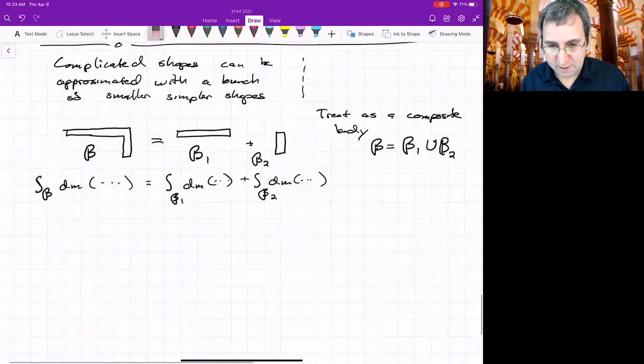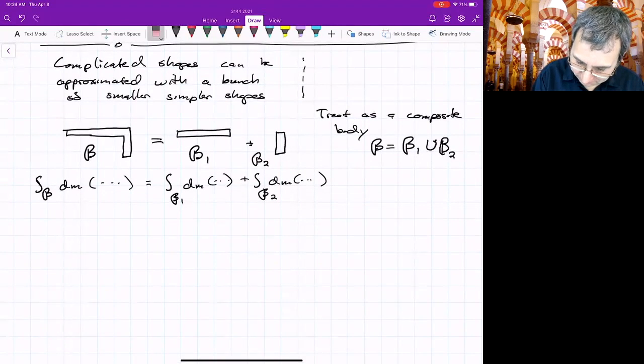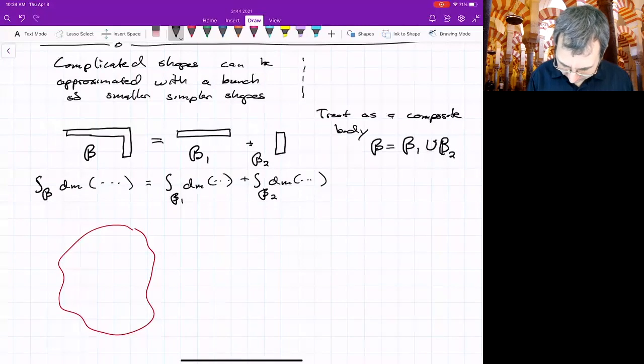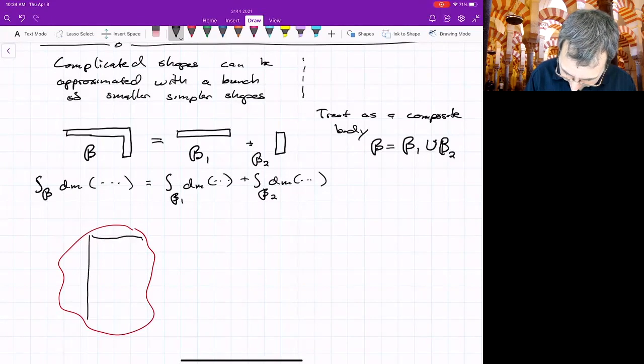So if I have an arbitrary shape, here's an arbitrary shape. Well, I could treat this as, I'd say, there's a big chunk of it that looks kind of like a rectangle. And then there's smaller pieces that maybe look like bits of triangles and whatnot. And I could just sum all of those up.